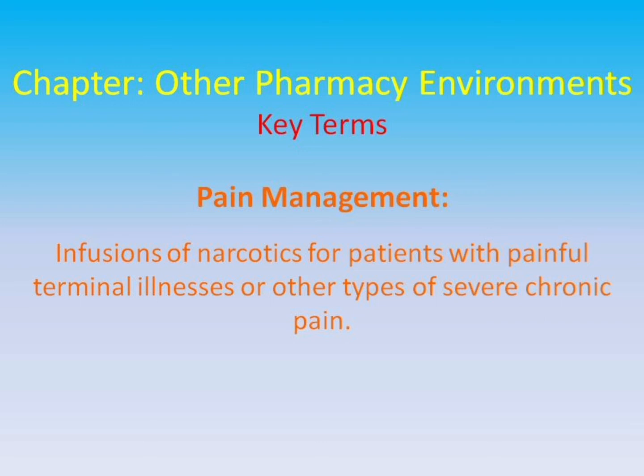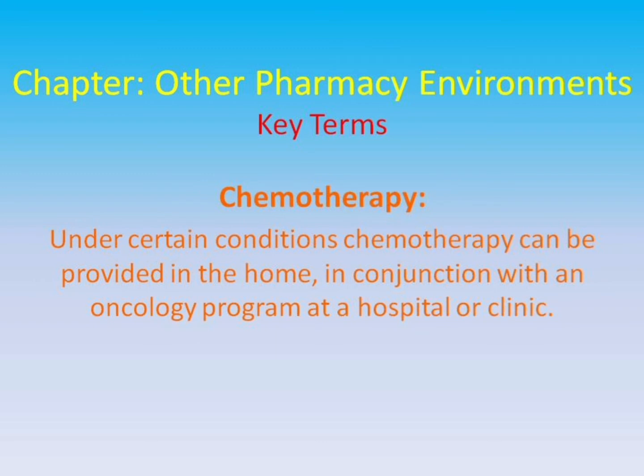Pain management. Infusions of narcotics for patients with painful terminal illnesses, or other types of severe chronic pain. Chemotherapy. Under certain conditions, chemotherapy can be provided in the home, in conjunction with an oncology program, at a hospital or clinic.